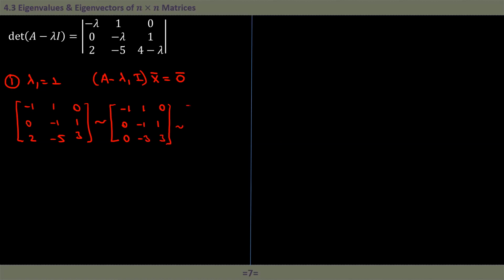Now, as you see, the third row is just a scalar multiple of the second row, since multiplying by 3 gives negative 3, 3. Multiply the second row by 3 and add it to the third row, and we get zeros. Also add the second row to the first row. What we get here is minus 1, 0, 1, then 0, minus 1, 1, and 0, 0, 0.